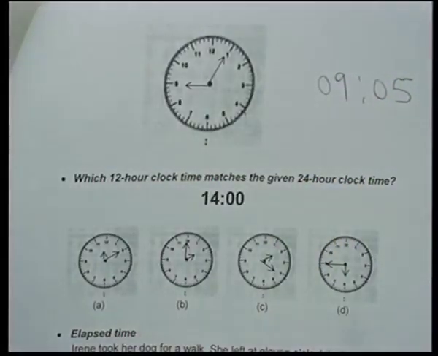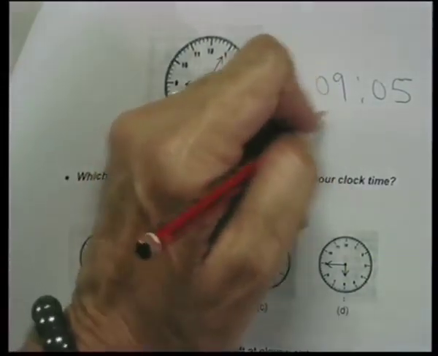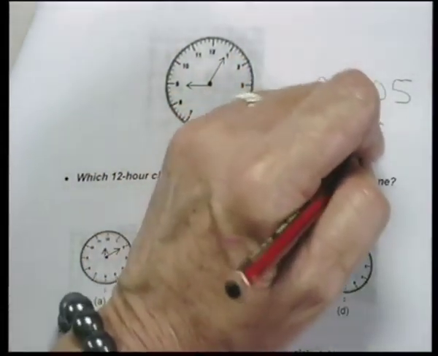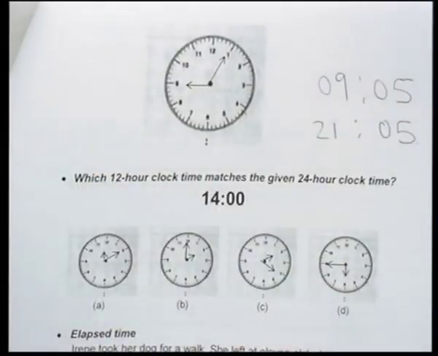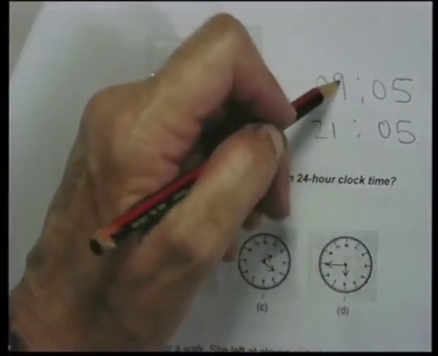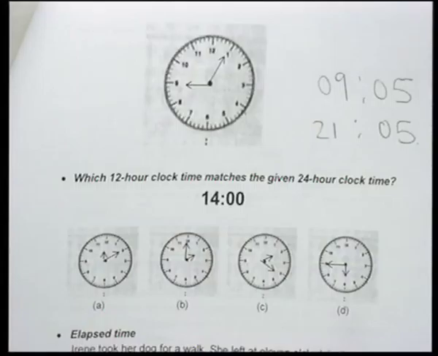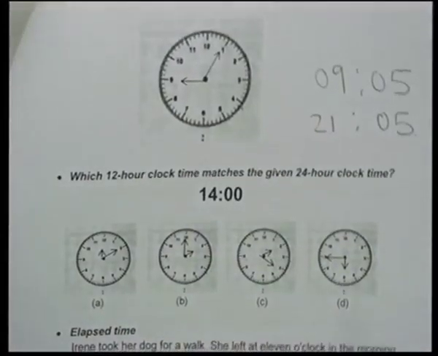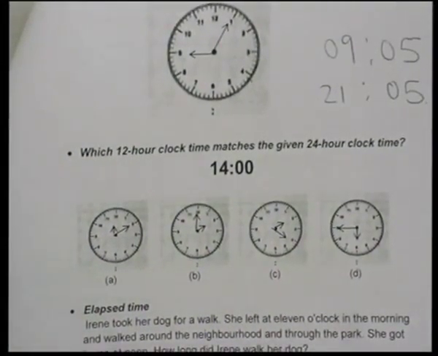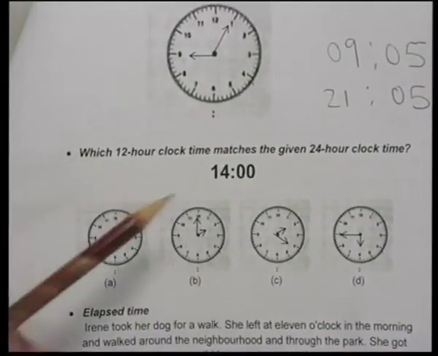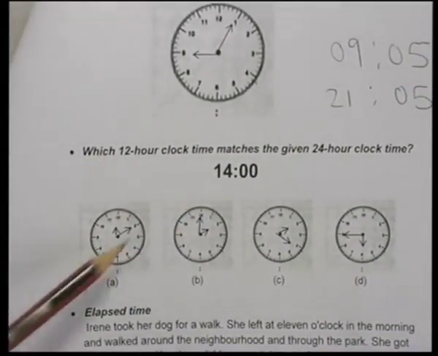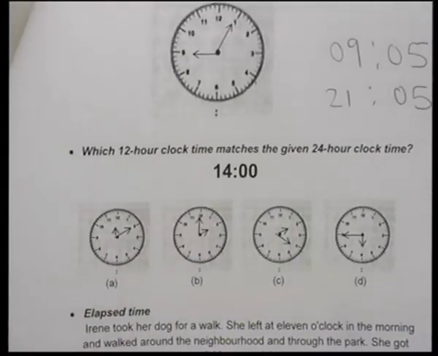But it could be also in the evening. So it is 21:05 in the evening. So 9 plus 12 is 21. So which one is the same as 14 hours?